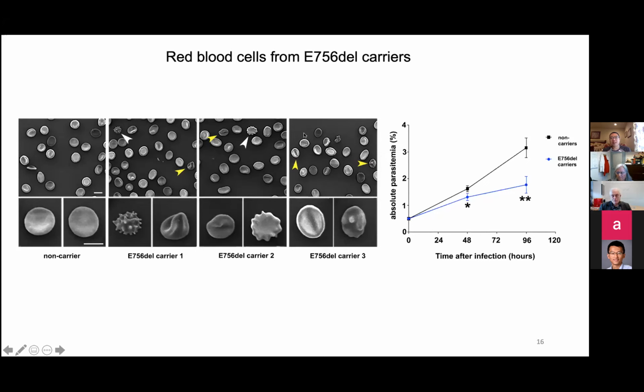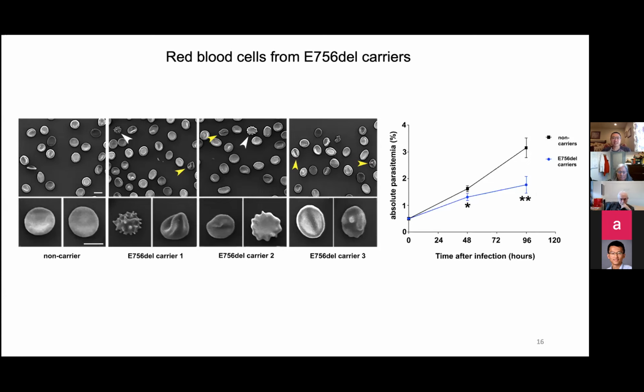That is expected, because the gain of function mutation we identified here is only a mild gain of function. More importantly, when we infected these red blood cells with Plasmodium in vitro, these dehydrated red blood cells had a reduced level of infection compared to the wild type.